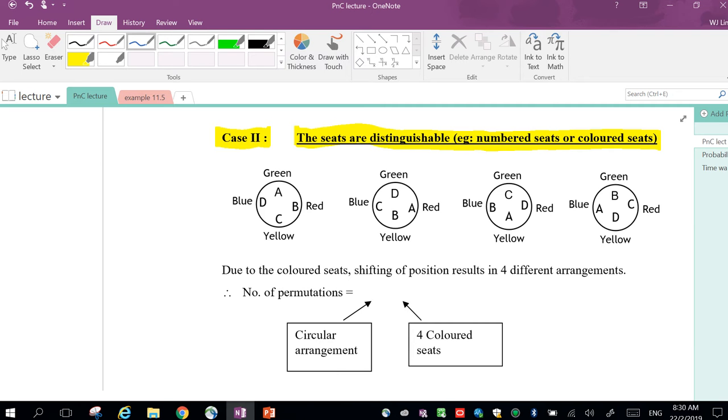Clear? So I repeat again: your A is on the green seat, now your A is on the red seat, your A is on the yellow, your A is on the blue. So these are four different arrangements. So what is the idea here? The idea here will be like this.